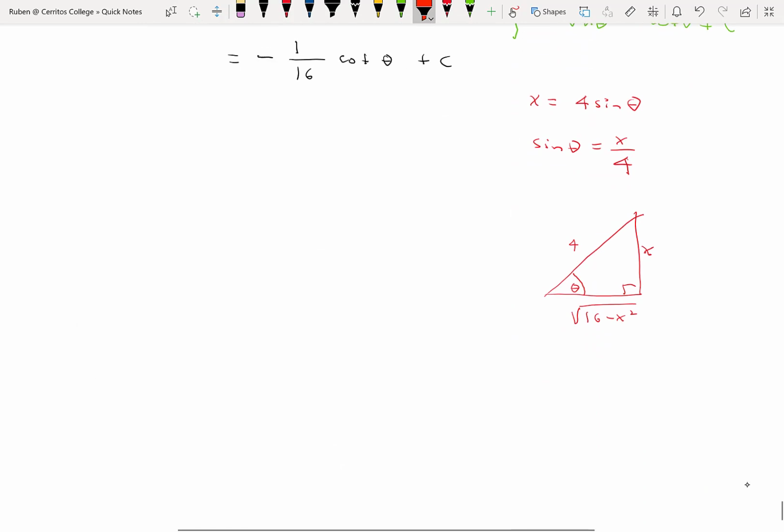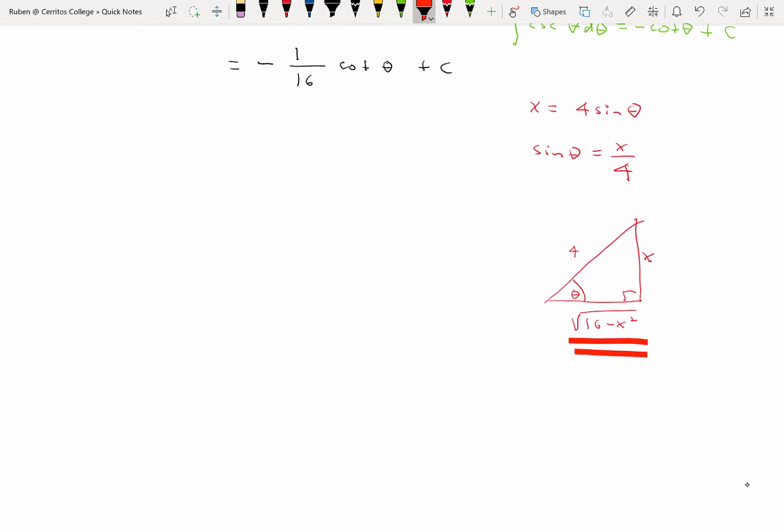And look at what happens in the little triangle that we draw to help us finish the problem. It's the same. There are very few always answers that I give, and this is one of them. This always happens. It always happens that the remaining side is the radical that's underneath the square root sign in the integral, provided it is square root and not cube root or seventh root or any other root.